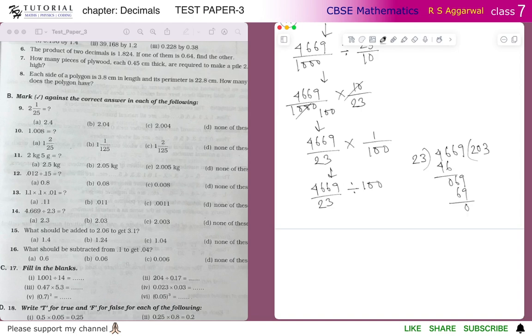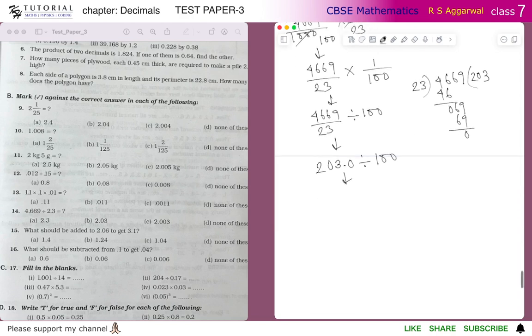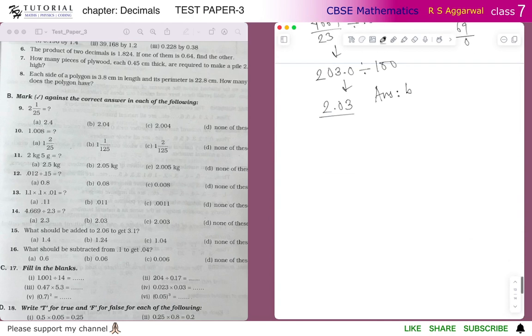So this is 203. 203 means 203.0 divided by 100, and now when we divide the decimal number 203.0 by 100, we shift the decimal point to the left by 2 places, so it becomes 2.03. That is the answer, and so is the result. So the answer is choice B. That was question number 14.